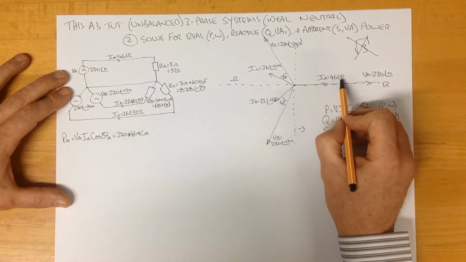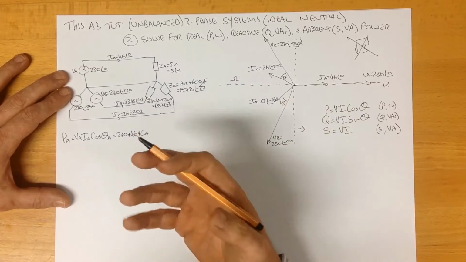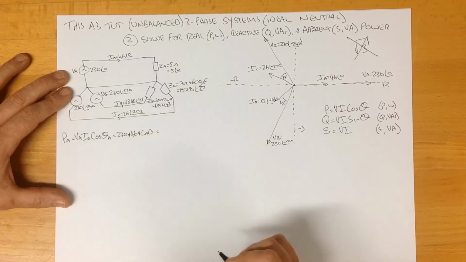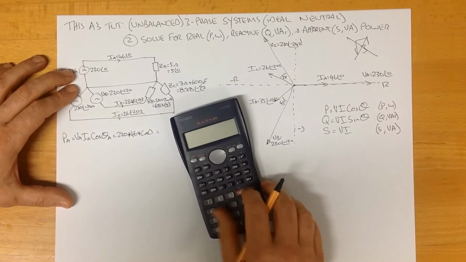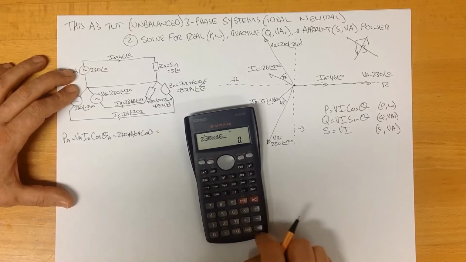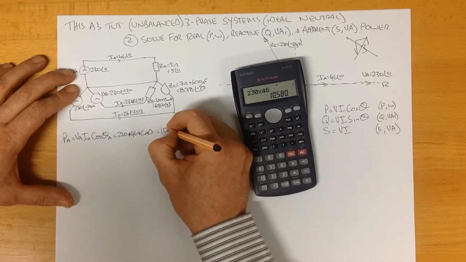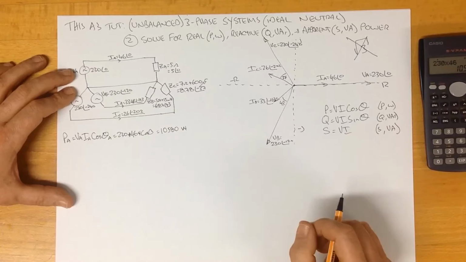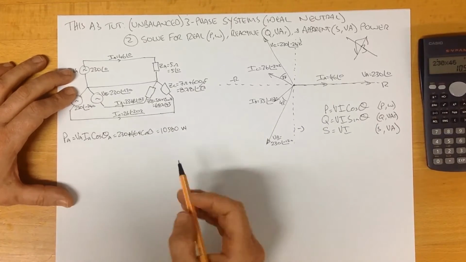We can see that this has an angle reference at 0, and this has an angle reference at 0. 0 minus 0 is 0, so the cosine of 0. And if we do that very simple calculation, 230 times 46, the solution there is 10,580 watts. That is quite straightforward for a simple AC system with pure resistance.